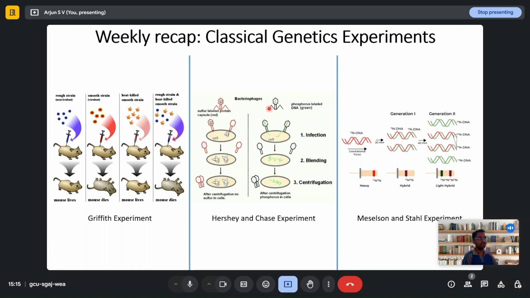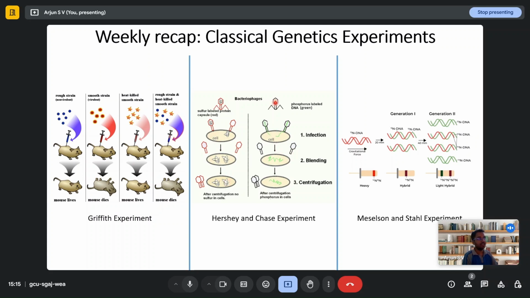The bacteriophages were made to infect bacteria, and they observed which kind of material was being passed on. If protein were really the genetic material, they should be able to observe the radioactive methionine in the progeny, which they weren't able to observe.